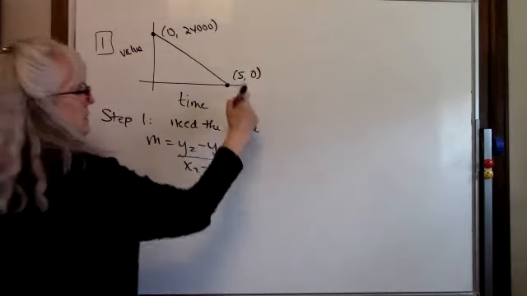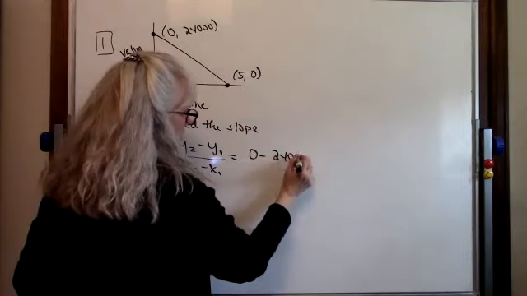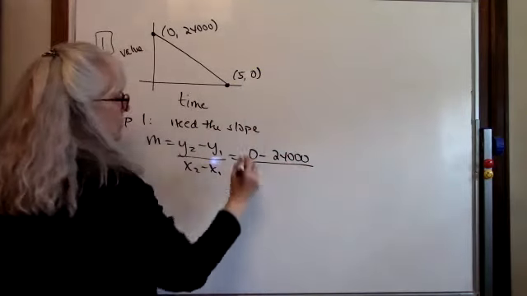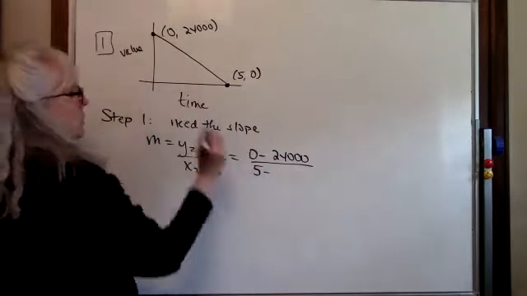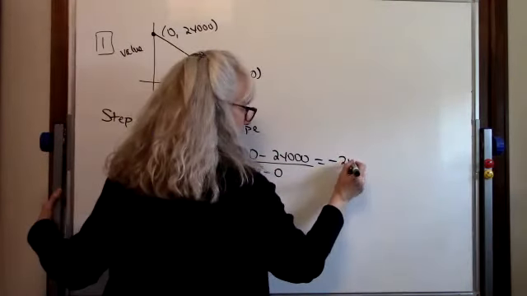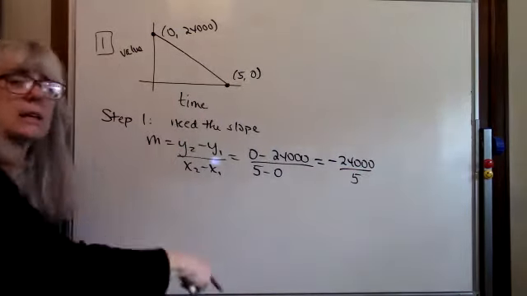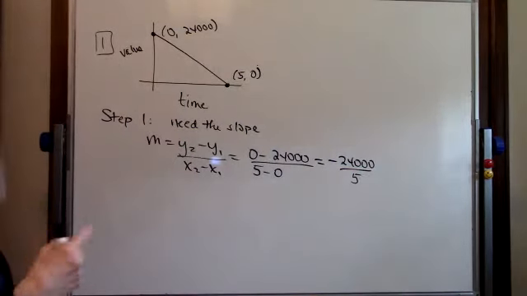So y2 is 0 minus y1, which is 24,000, all over x2 of 5 minus x1 of 0. It's going to give me a negative 24,000 divided by 5. And it's a negative slope because it is decreasing in value. So the answer is making sense.